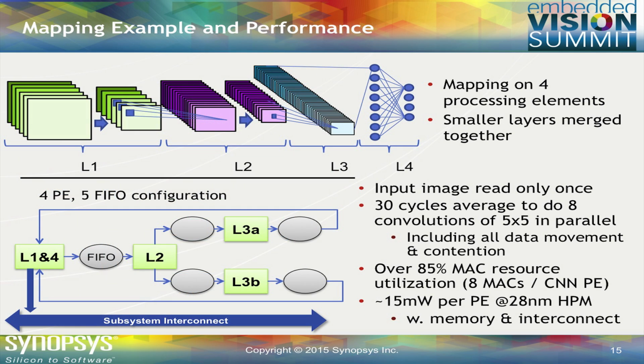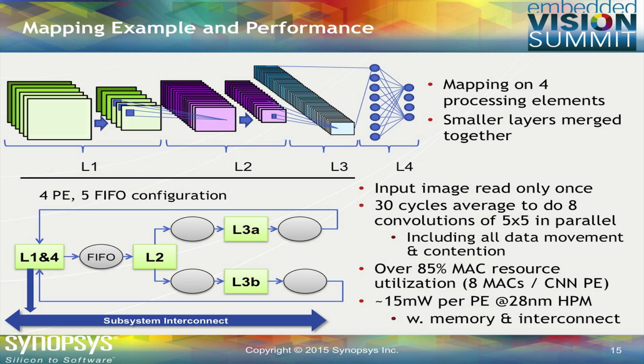So just an example of how a graph can be mapped on this hardware. Here, to keep the diagram simple, I'm using a configuration with 4 processing elements, that are the 4 green boxes at the bottom of the slide, and 5 FIFOs. In the graph that is shown here, layer number 3 has many inputs and many connections, and it requires more computation.